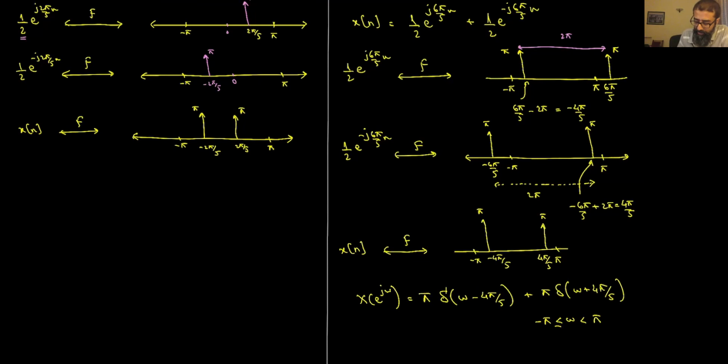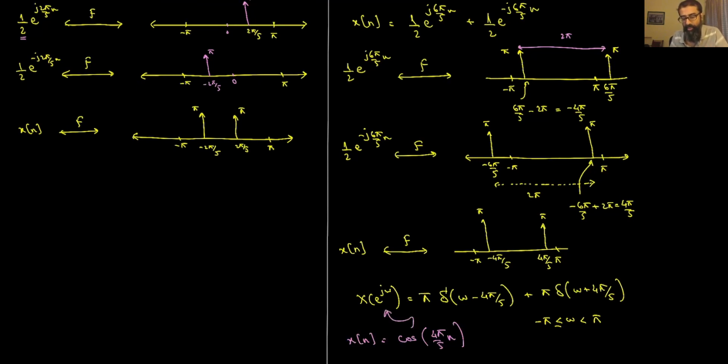And it periodically repeats itself outside of this interval as well. Now, one of the other ways that you could have immediately done it, and this actually tells you, is that if I had taken another signal, x of n equal to cosine 4 pi by 5n, and you compute the Fourier transform for this, you would have found that it turns out to be exactly the same as this over here.